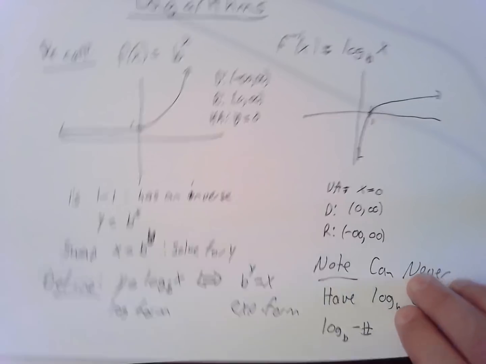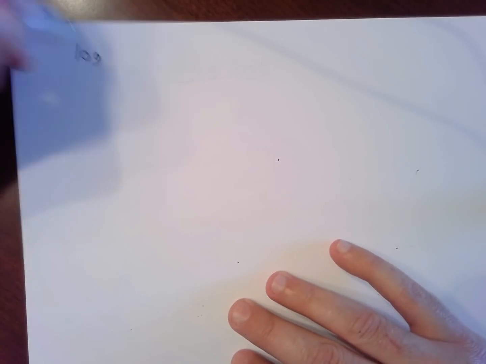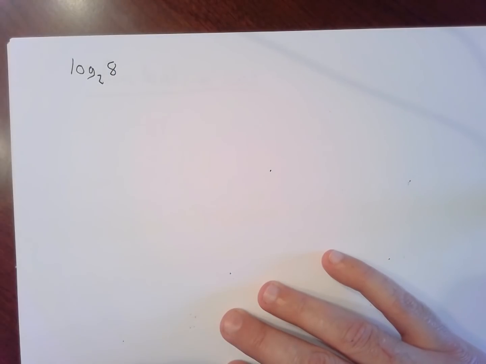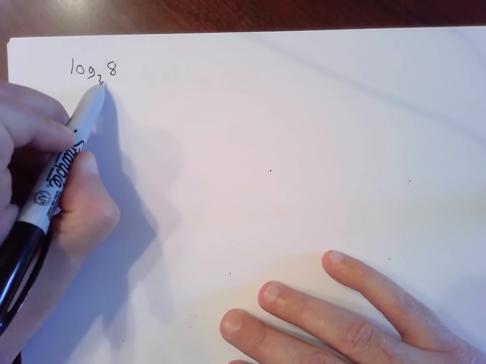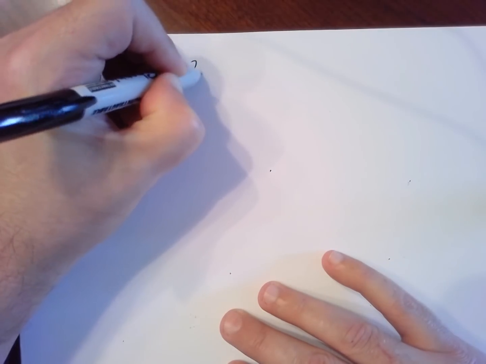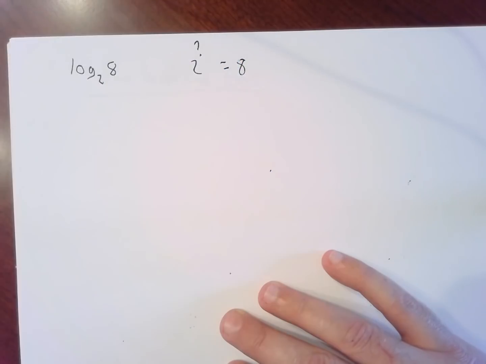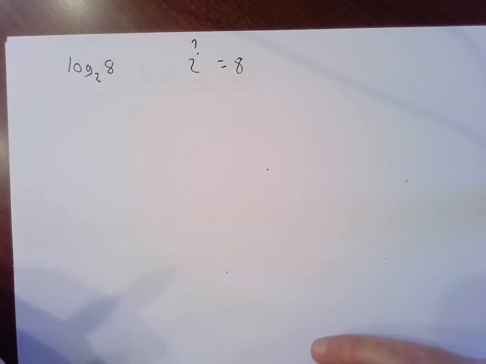Okay, so let's kind of play around with logs for a minute. If I were to ask a question like, say, log base 2 of 8, what does that mean? That means I'm looking for the exponent. I'm asking 2 to what power equals 8. Logs are exponents. The answer to a log question is the missing exponent.